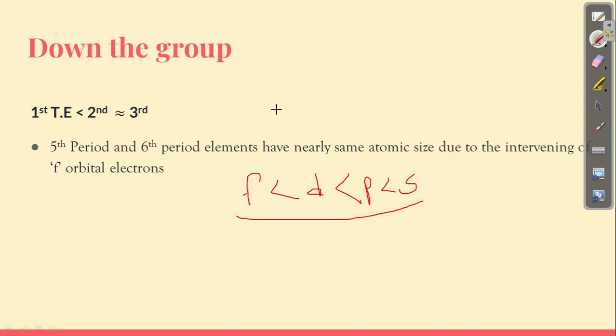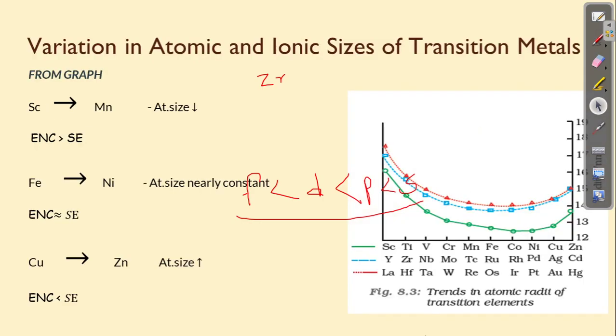For example, for zirconium, which is a second transition element, the atomic radius is 160 picometer, but when we see hafnium, which is the third transition element, it has a size of 159 picometer.